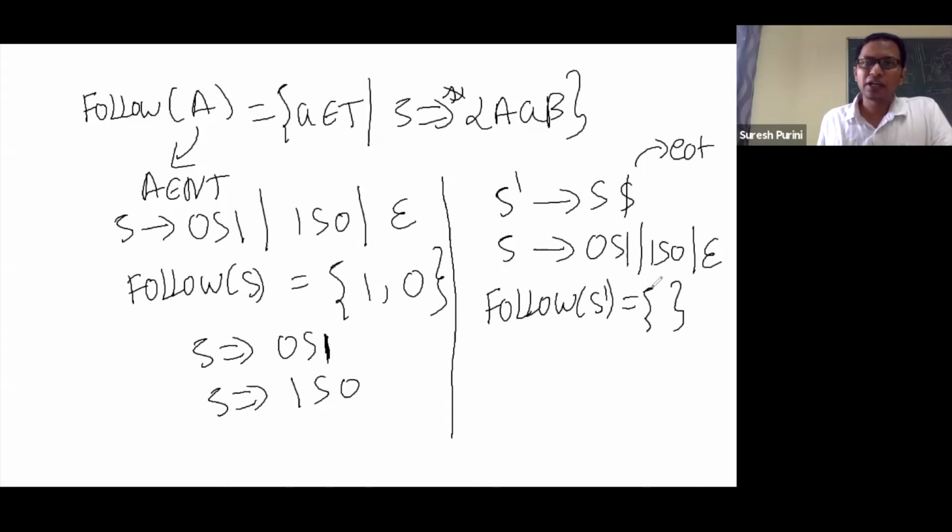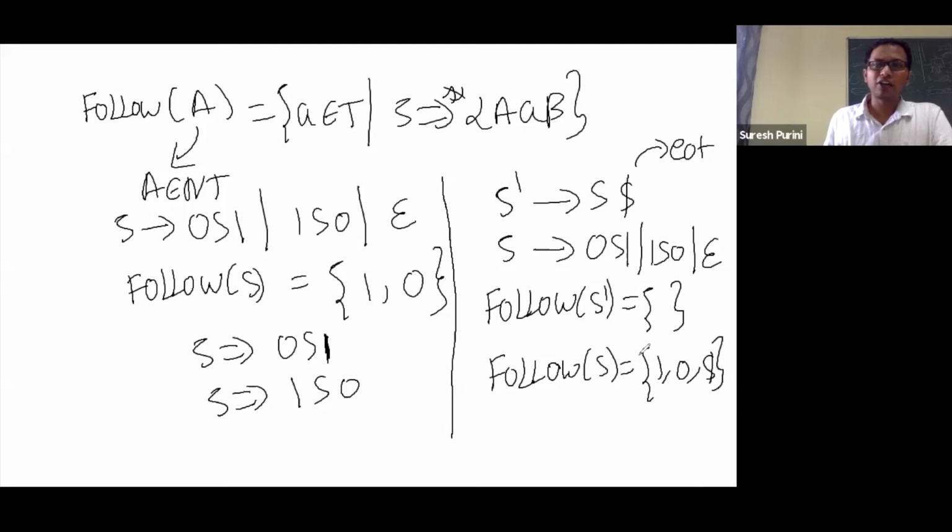There is no terminal symbol which trails S prime in any of the derivation processes for any input string. On the contrary, in the augmented grammar, follow of S has 1, 0, and $, the end of file symbol also.